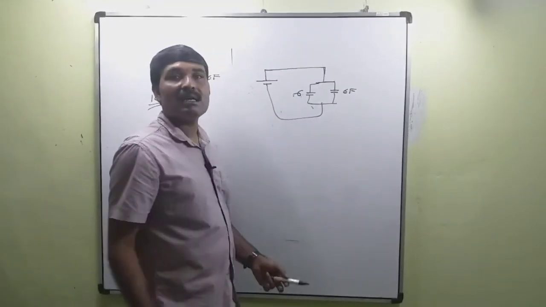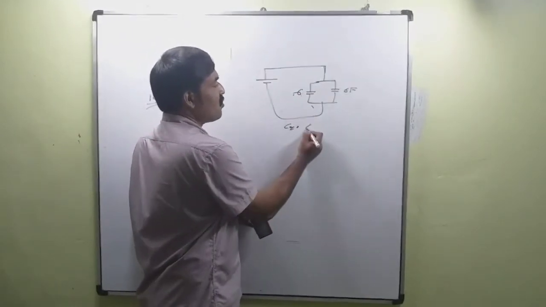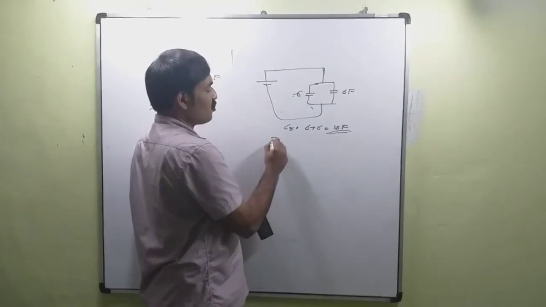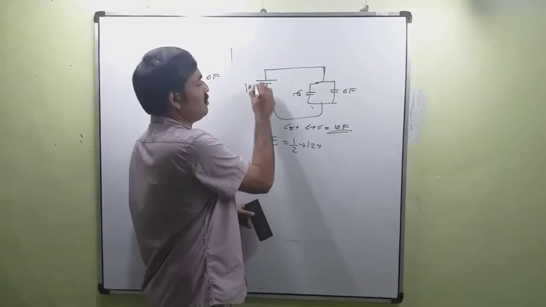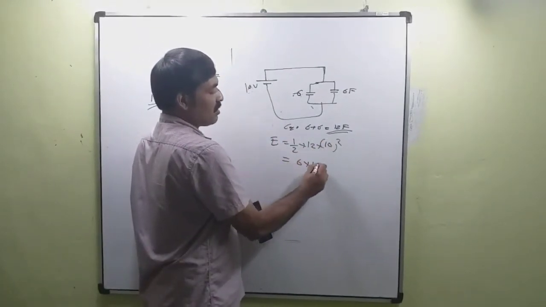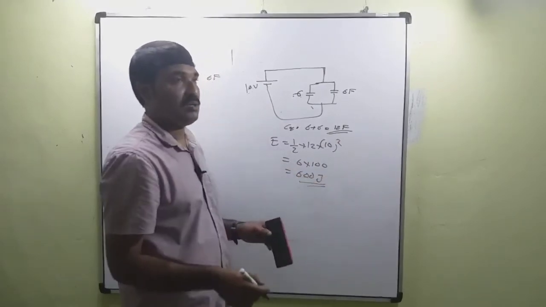Then what is the energy stored? Here C equivalent is equal to 6 plus 6, that is equal to 12 farad. Now energy stored is equal to half into 12 into 10 square, that is equal to 6 into 100, is equal to 600 joules of total energy stored.